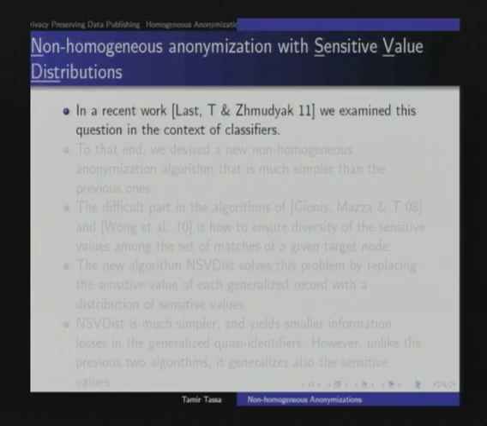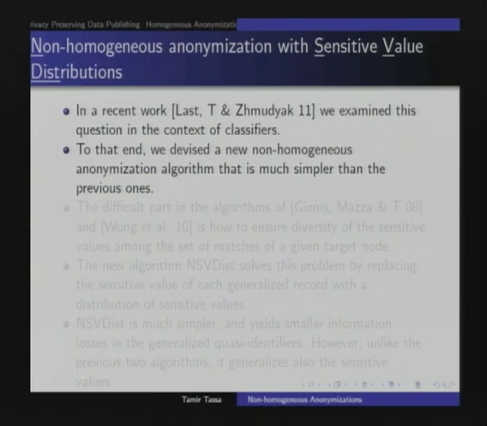So in a work with Last and Sasha Zhmudyak, we examined this question in the context of classifiers. We said, let's see how beneficial the concept of non-homogeneous anonymization is if we wish to build classifiers based on the anonymized tables.